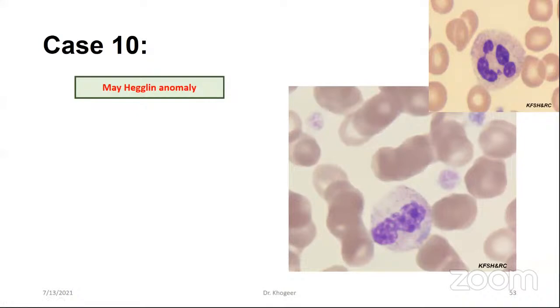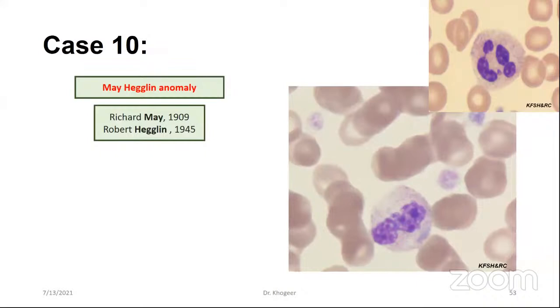May-Hegglin anomaly will have Döhle-like inclusion bodies in the neutrophils, also in the eosinophils or basophils, as well as monocytes. Thrombocytopenia and giant platelets can also be seen concurrently. The disorder was first described by Richard May, a German physician, in 1909, and was subsequently described by Robert Hegglin, a Swiss physician, in 1945.